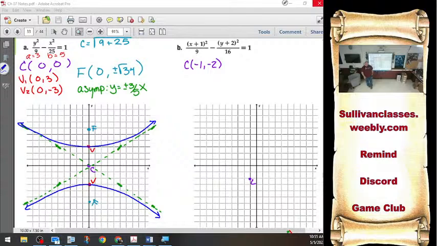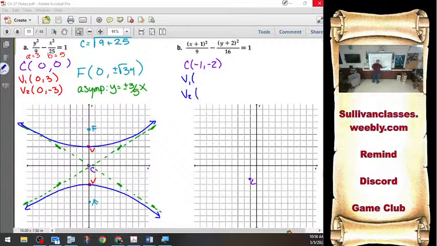Horizontally this time, because the positive term is the direction of the open, is the direction of the transverse axis, is a squared. So that tells me my vertices, no, I do not want you to say -1 plus or minus 3. Actually write them out because those are values I can write.